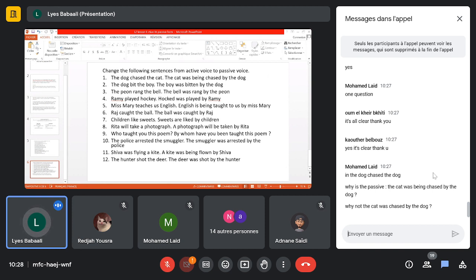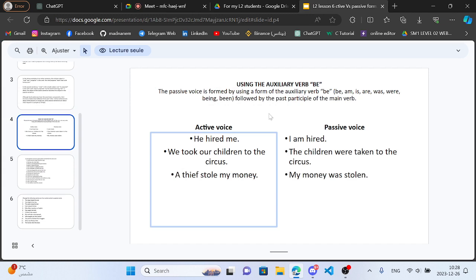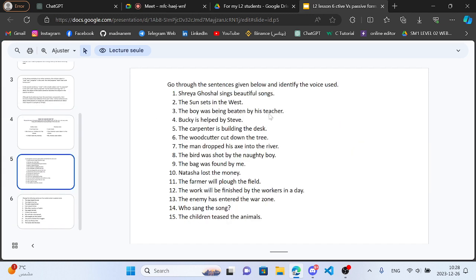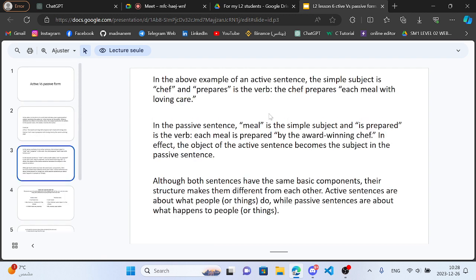Okay, so yeah, it's a good question. Well, what you have said is correct. Why not The cat was chased by the dog? It's correct. But like I said in the lesson, for me, I always use the auxiliary verb be to help us structure the sentence.